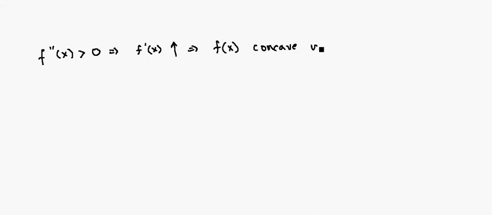You want to be able to say, all right, when I say f double prime of x is greater than or equal to 0, then we know that f prime of x would be increasing, which tells us that f of x is concave up.